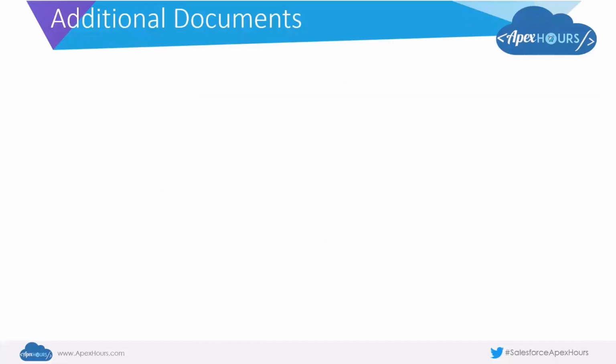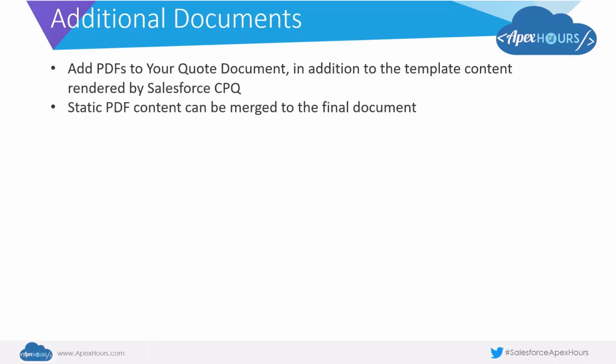Now that we looked at different types of the template content, let's move on and look at what additional documents are. Salesforce CPQ also offers the capability to merge our template content with additional PDF content to produce the final document.